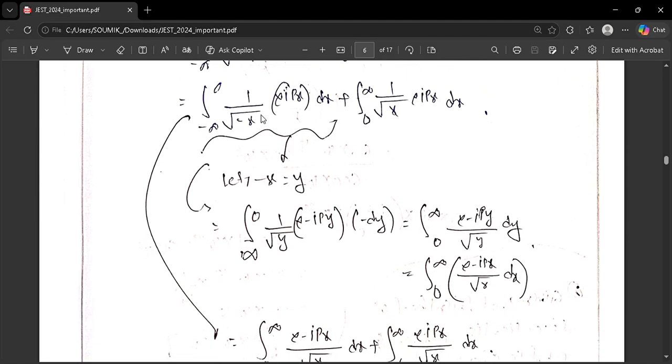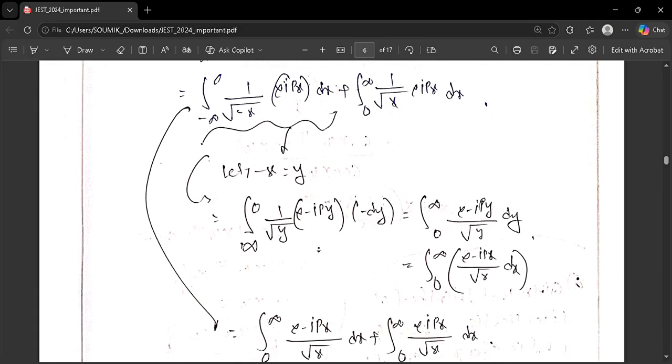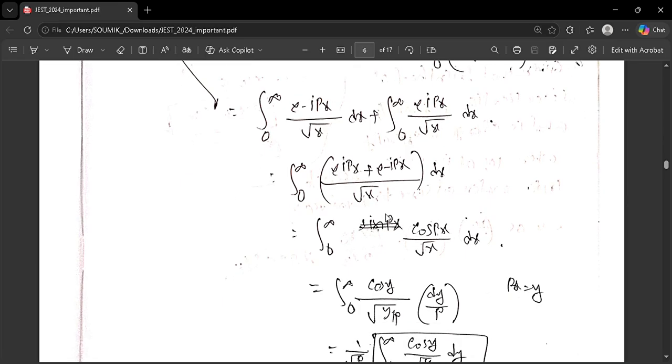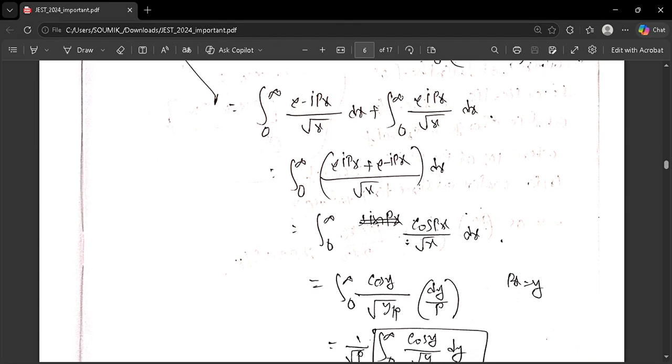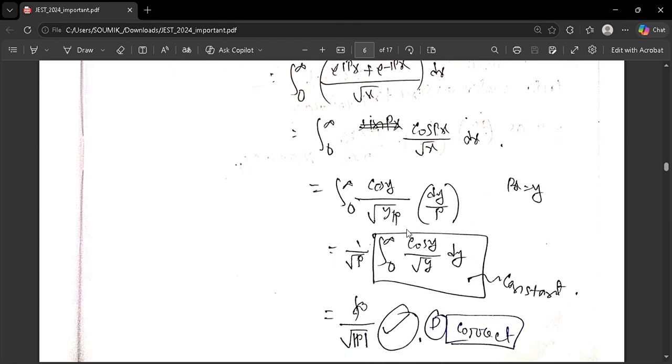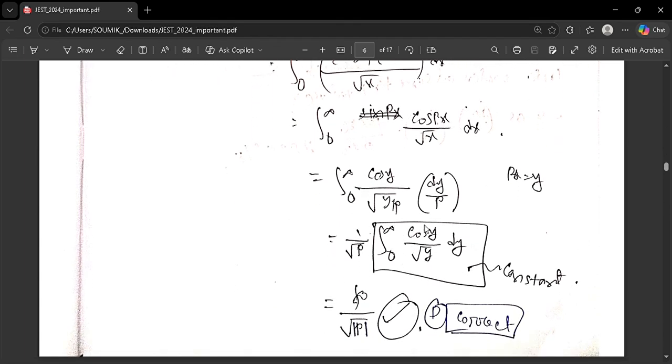From the first part of the integration I am getting this, and then I just add these two equations. So the integration from 0 to infinity of cos y by root y dy is a constant, this is beta. So the correct option is this.